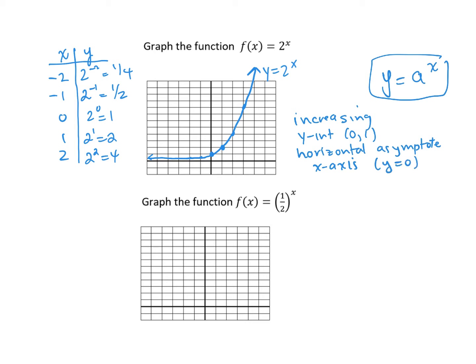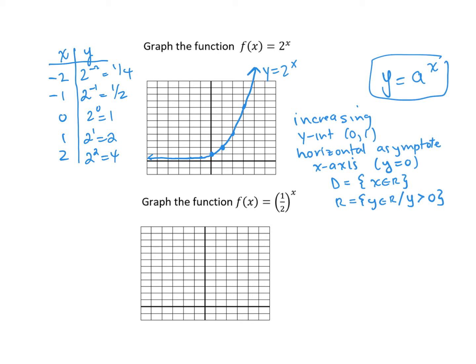Or we could say the equation is y equals 0, the x-axis. And we can also state the domain and range. So the domain would be any real number, because we can use any value for x. The range would be limited. We're not going to get to 0, so we would say y is going to be any number that is greater than 0. So it will never reach 0, but it will get close to 0 as we approach negative infinity.